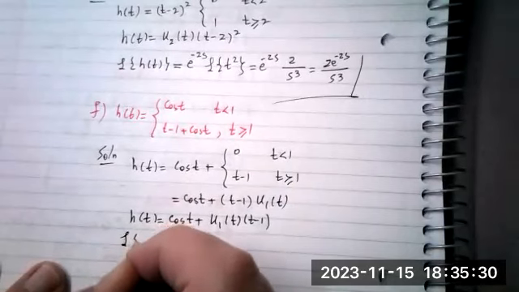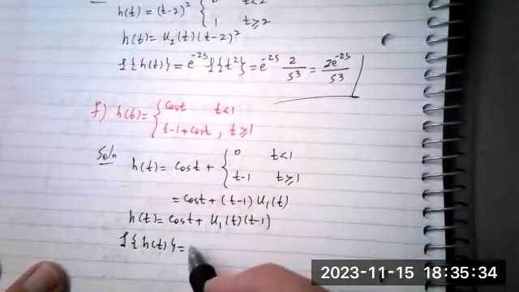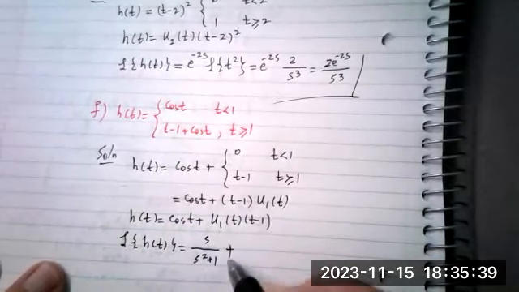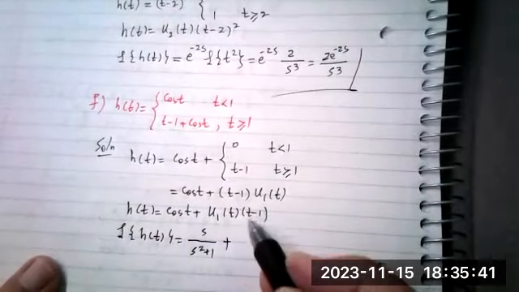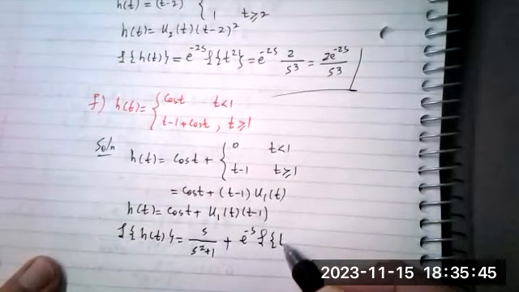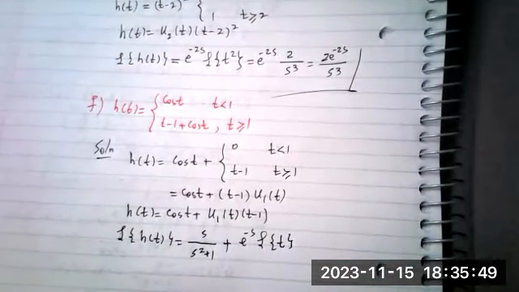So the Laplace of h of t would be the Laplace of cosine, which is s over s squared plus 1. And because of the u1, you have e to the negative s times the Laplace of t, because that's a t minus 1, t minus c, we change it to the t.